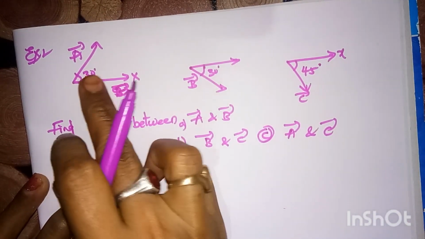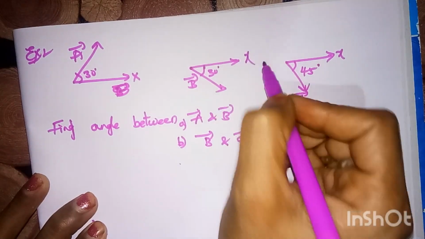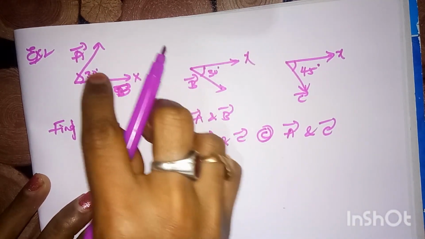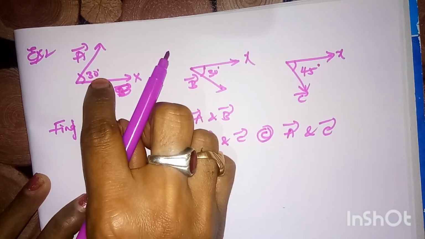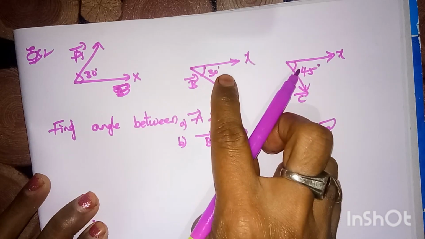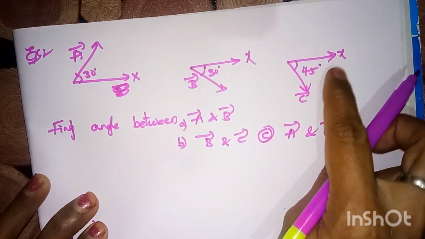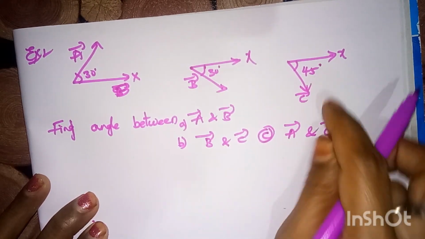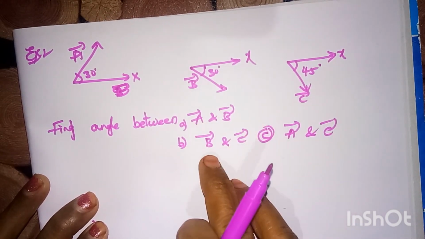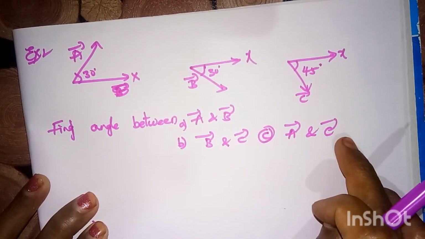So they have given three diagrams. Along the x-axis, the angle made by the a vector is 30 degrees, the angle made by the b vector is 30 degrees, and the angle made by the c vector is 45 degrees. They ask us to find the angle between a bar and b bar, b bar and c bar, and a bar and c bar.